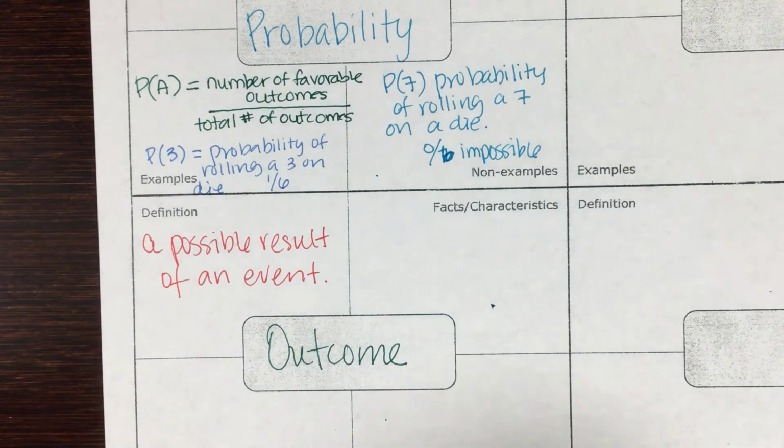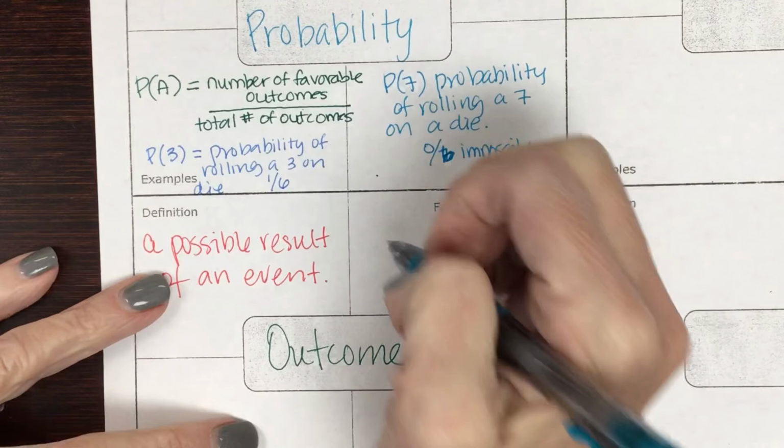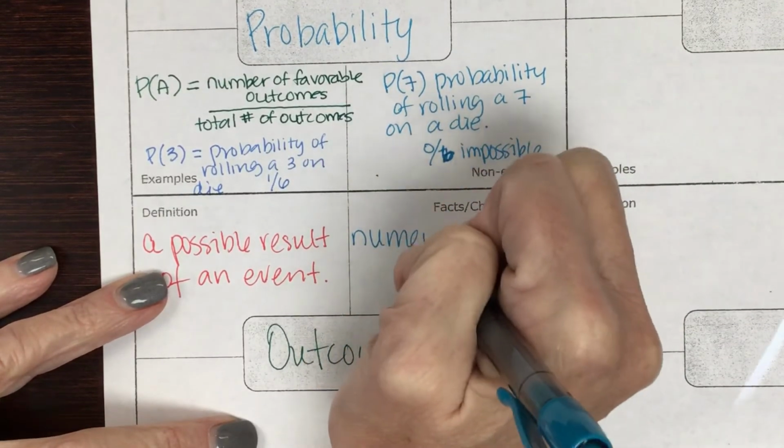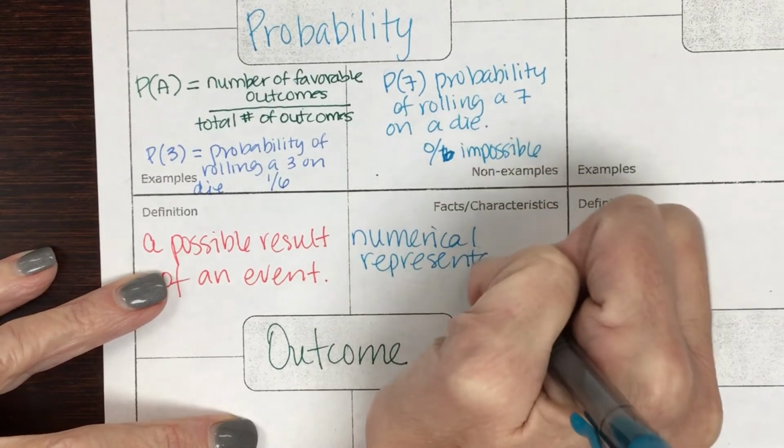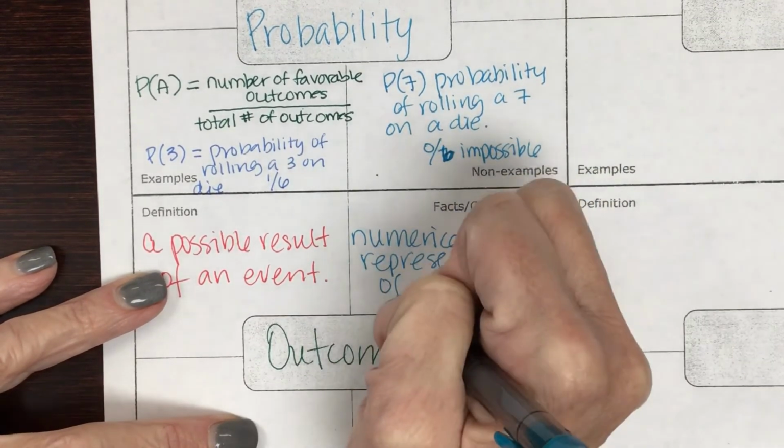Okay, facts or characteristics, we have numerical representation of possibilities.